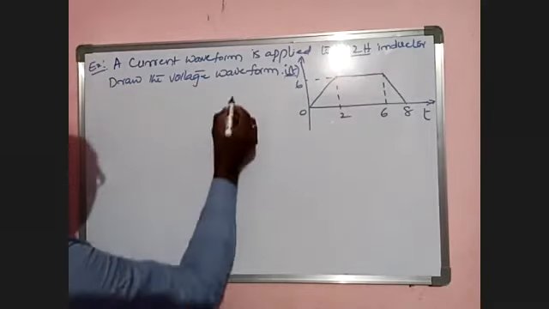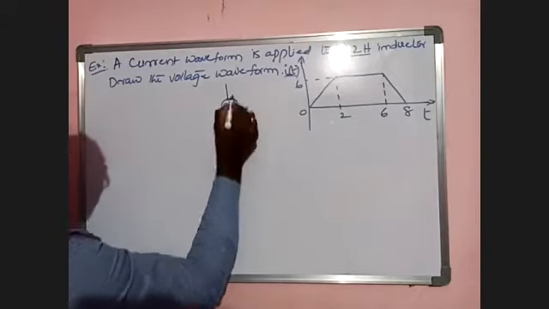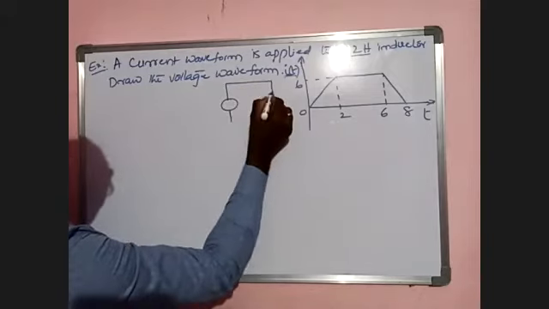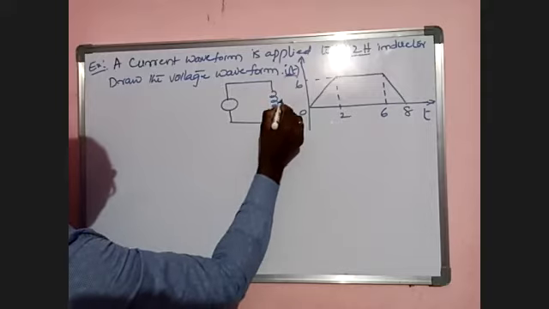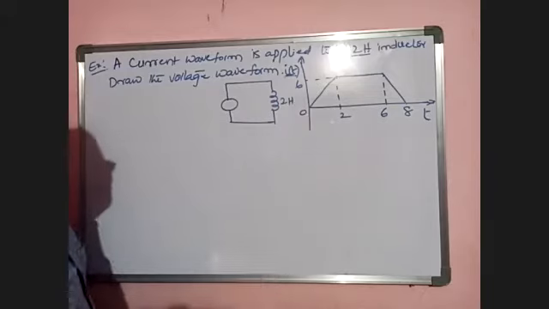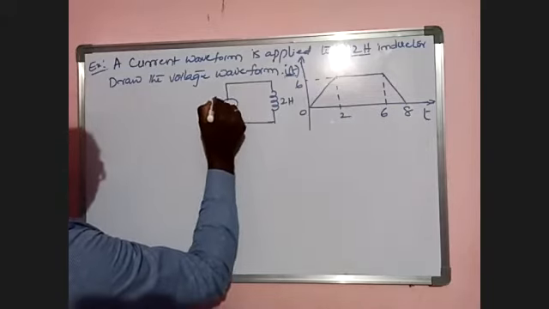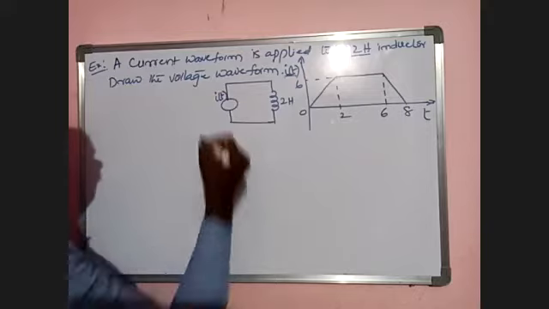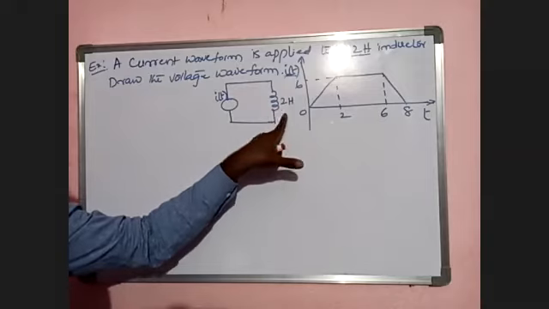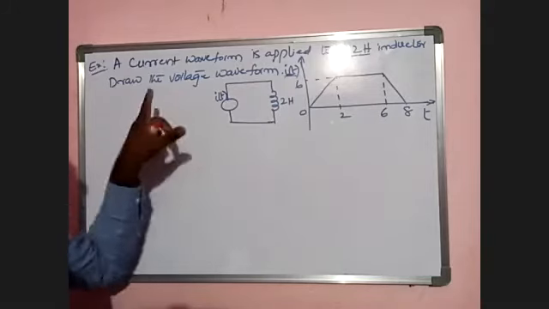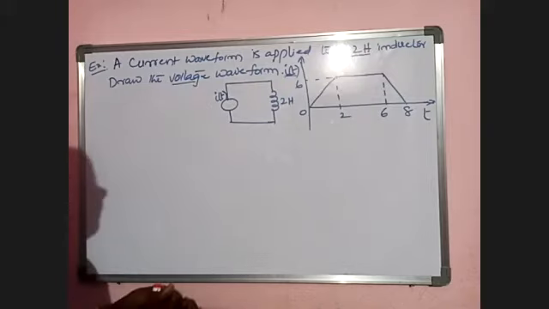So let us have its equivalent circuit. Suppose this is the source, and it is given to a 2 Henry inductor. Here it is I of t. This I of t is applied to this 2 Henry inductor, and we are asked to draw the voltage waveform.